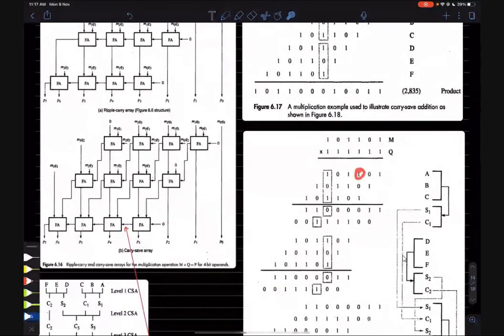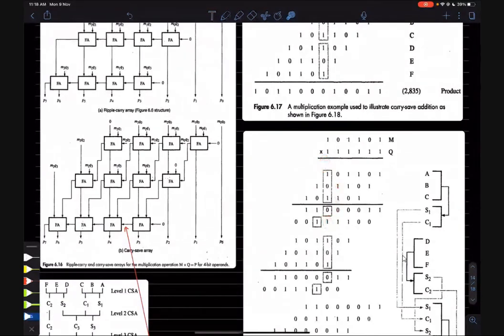Then 1 plus 0 plus 1 is 10. We get 1 carry from here, but we will not add that carry to this column; we will save the carry here. So this C1 is saving all the carry. 1 plus 1 is 0, another carry is generated, and we save that carry here. Then 1 plus 1 is 0, 1 carry is generated and saved here.